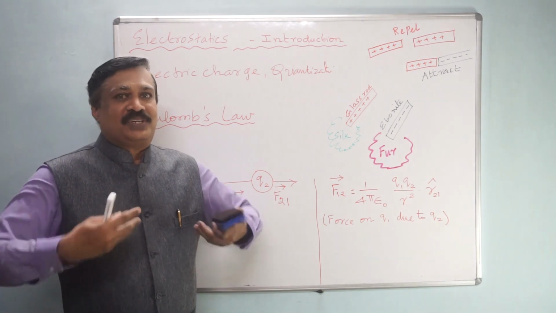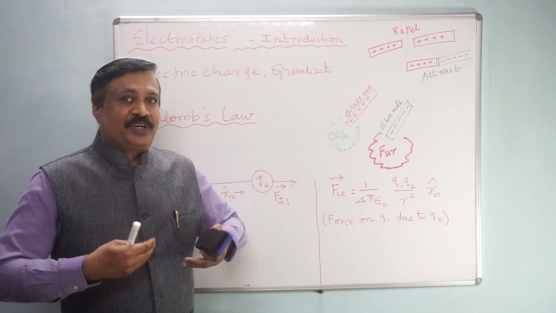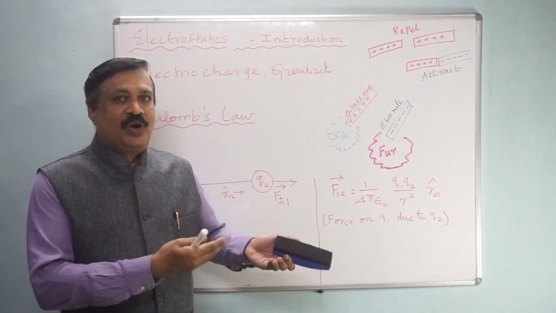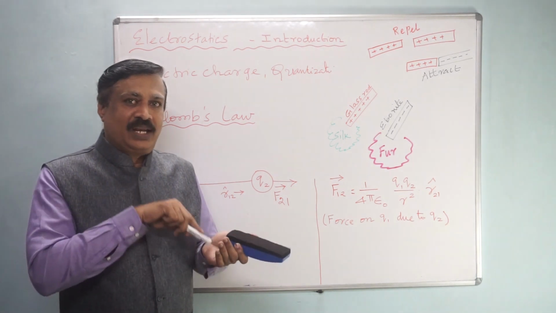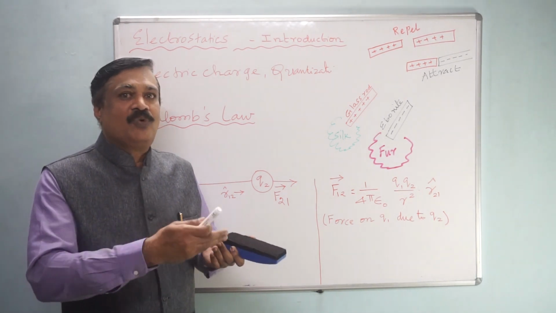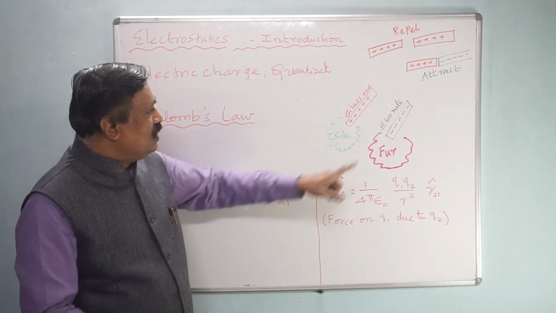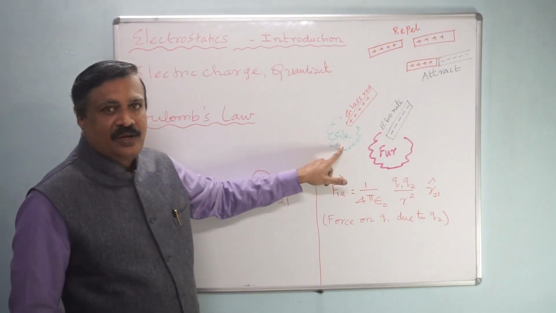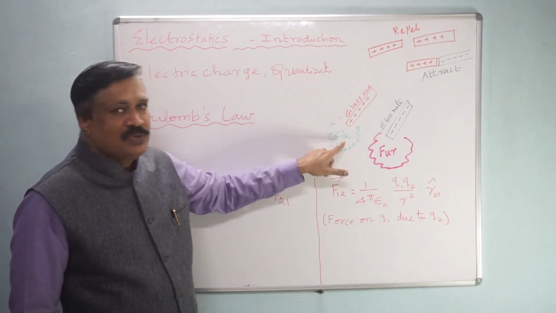Immediately you want to purchase something. After receiving money, you are tempted to go outside and purchase something. Just like that, if you give some amount of energy to the electron, the electron will move from one place to another. Therefore, when a glass rod is rubbed with silk, the electrons from the glass rod move to silk.